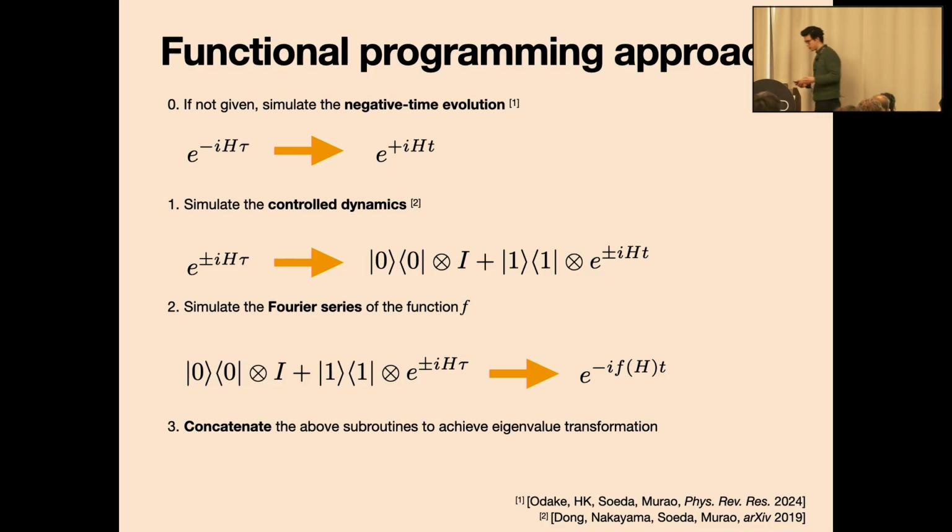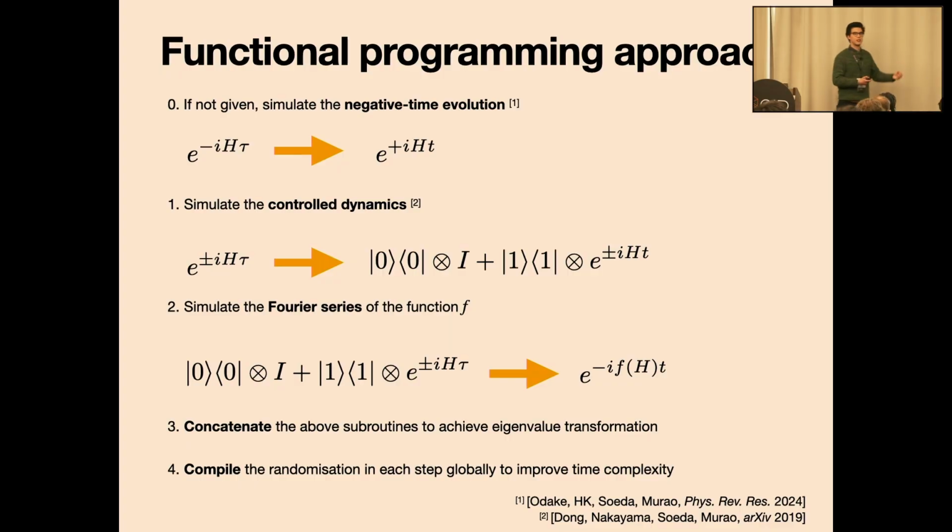However, we find that, interestingly, this algorithm is not optimal in its time complexity. So what we can do in addition, which is maybe one of the most interesting things here, is a compilation step, sort of a higher order version of compilation in algorithms, where we compile the correlated randomness which occurs in all these different subroutines.